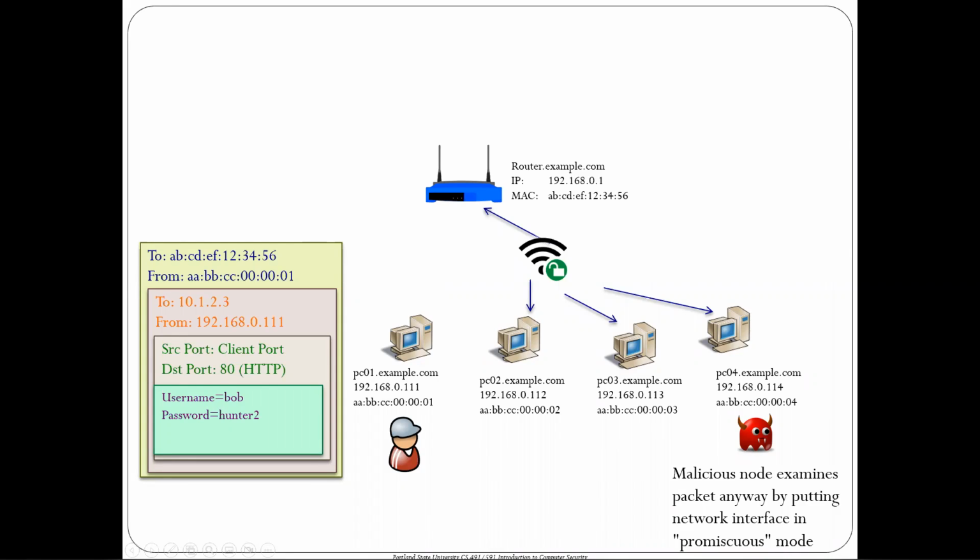Promiscuous mode on a network interface card says disregard the check for this destination MAC address, just take it in regardless of who it's for, and then send it up the protocol stack so that I can see the data that's there. So in this case, it's like, is it for me? No, but I'm gonna still look at it anyway and then pull this person's password out. So that's how it's gonna work in the data link layer.